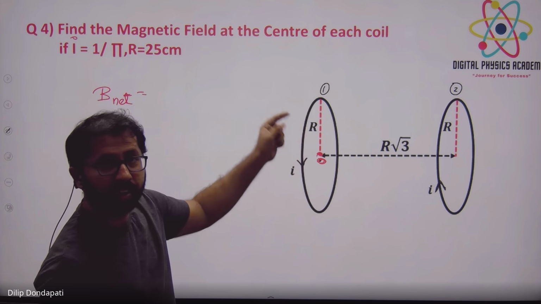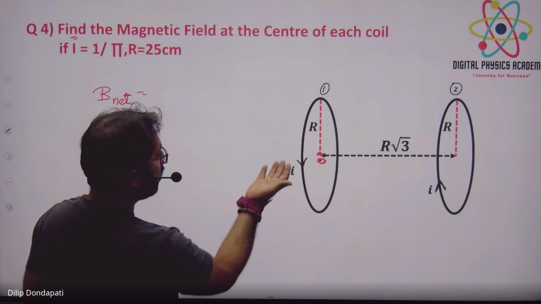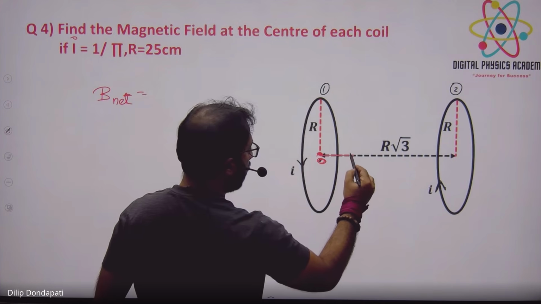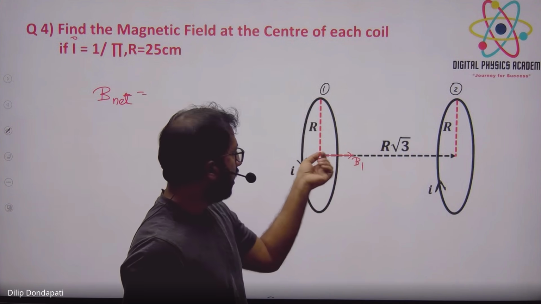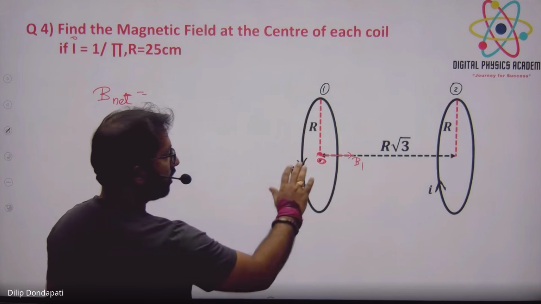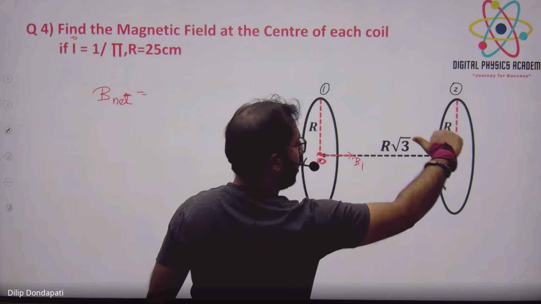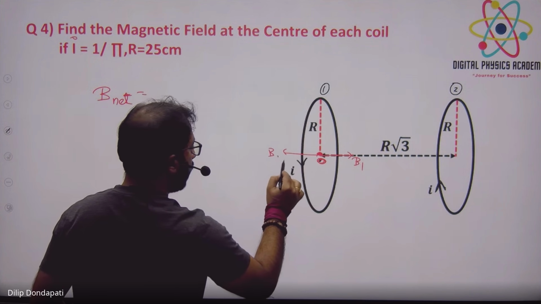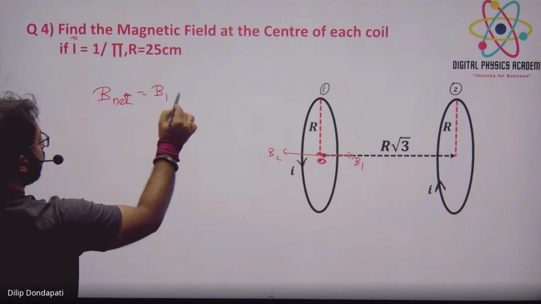Curl the fingers in the direction of current and the thumb indicates the direction of the magnetic field, so the magnetic field is in this way, B1. Will it be 0? No, not 0, because this point is near and this point is far, so it's not 0. Now similarly for this coil, curl the fingers in the direction of current, thumb indicates B2. So net magnetic field will be B1 minus B2.